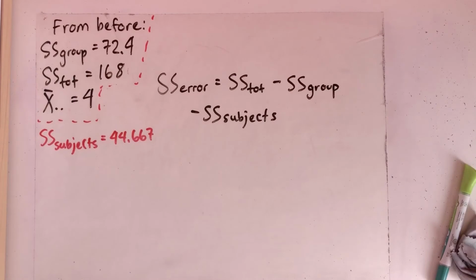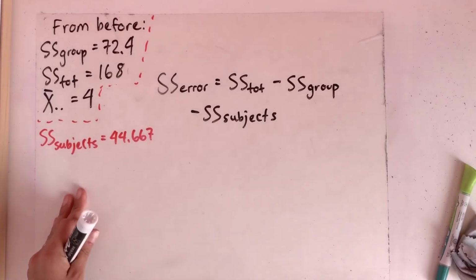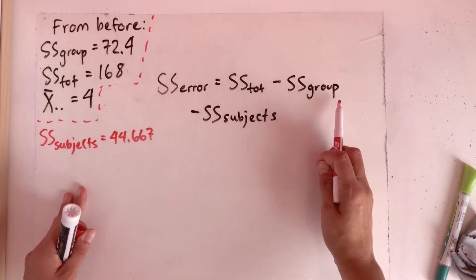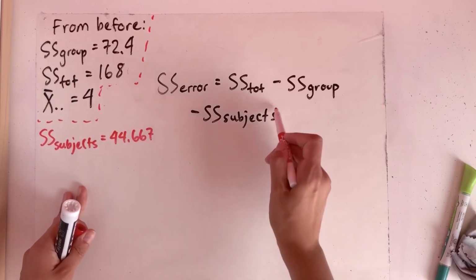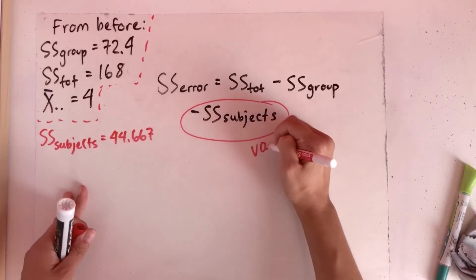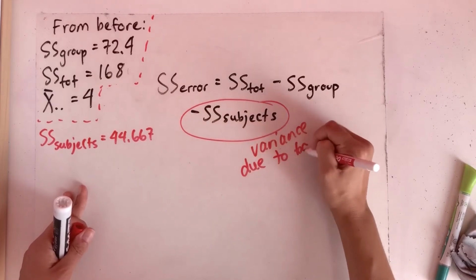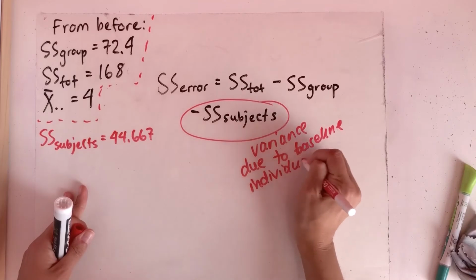All right, so as we discussed before, when we want to compute SS error for the within subjects analysis, we have that SS error is equal to SS total minus SS group, but also minus SS subjects. So one way to interpret this quantity is it's the variance due to baseline individual differences.